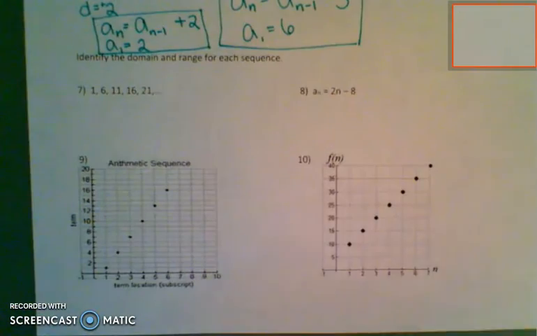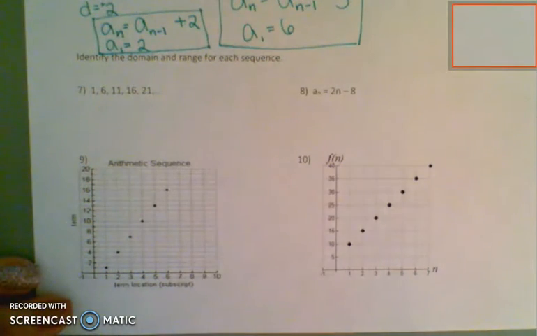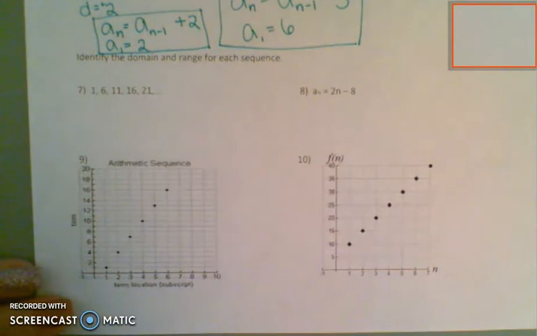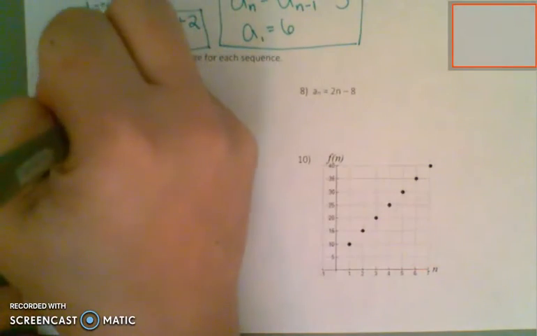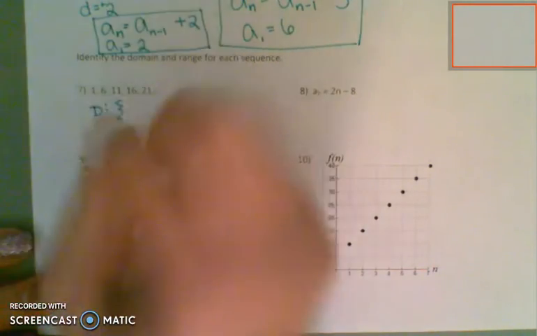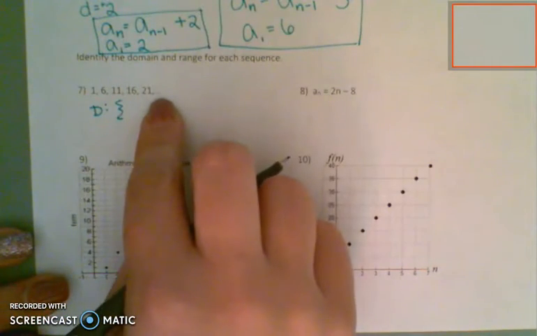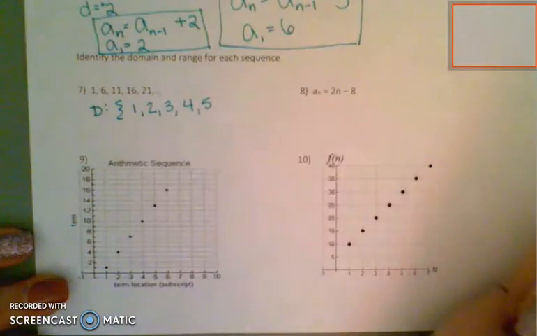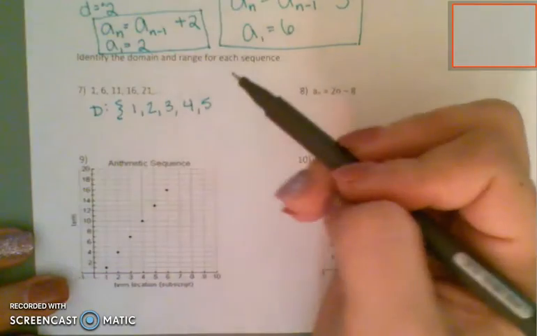Number 7 says identify the domain and range for each sequence. So your domain is always going to be your term numbers. So like what slot they're in. So 1, 2, 3, 4, 5. Okay, so my domain for this specific sequence is 1, 2, 3, 4, 5, because there are 5 numbers.